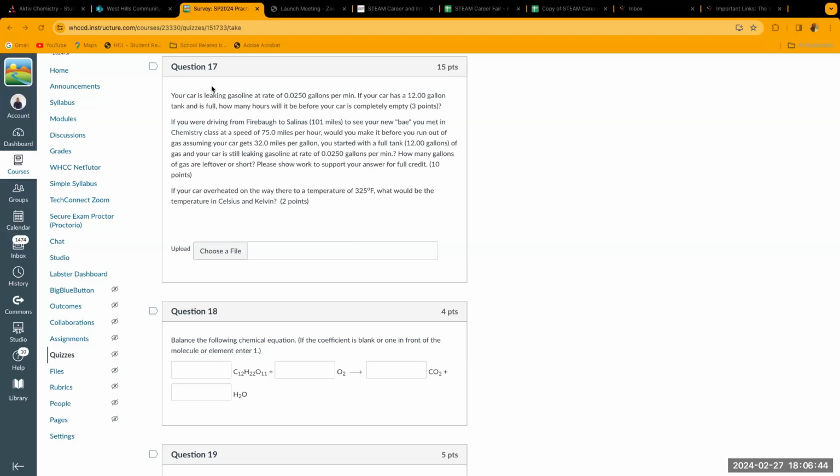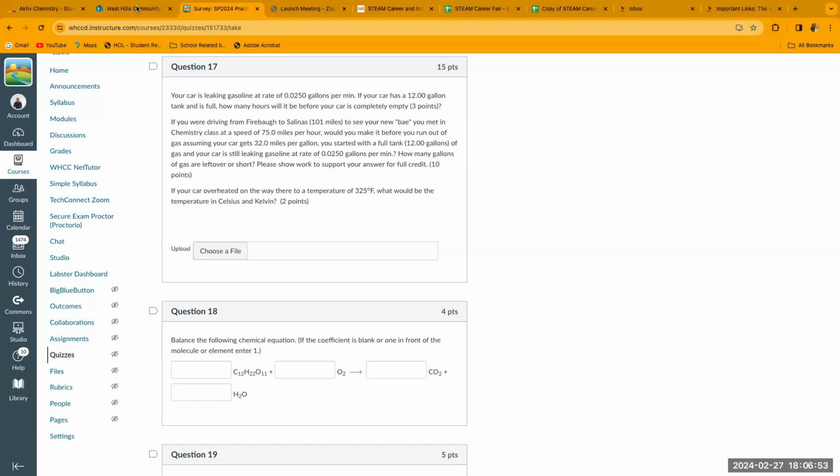So let's start off with the very first one. Okay, so number 17. We have the rate that our car is leaking, and we have a 12-gallon tank.